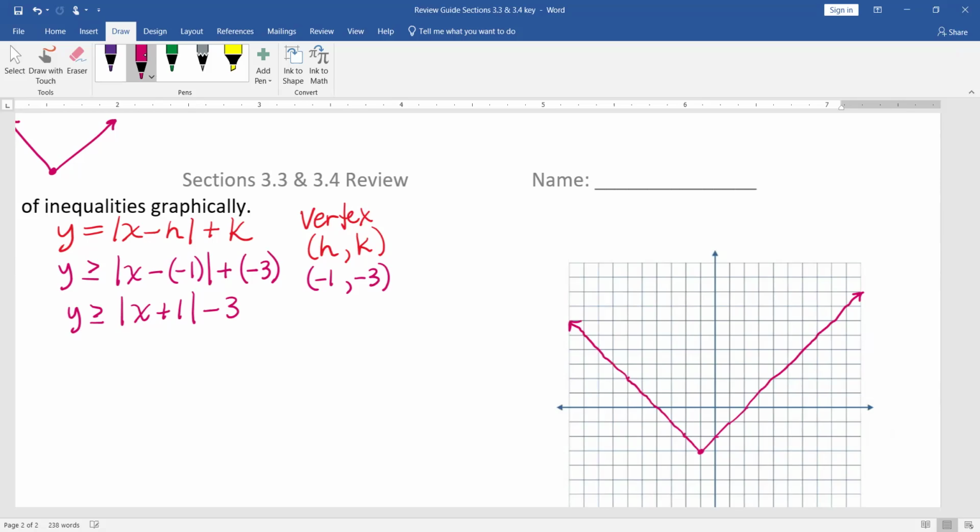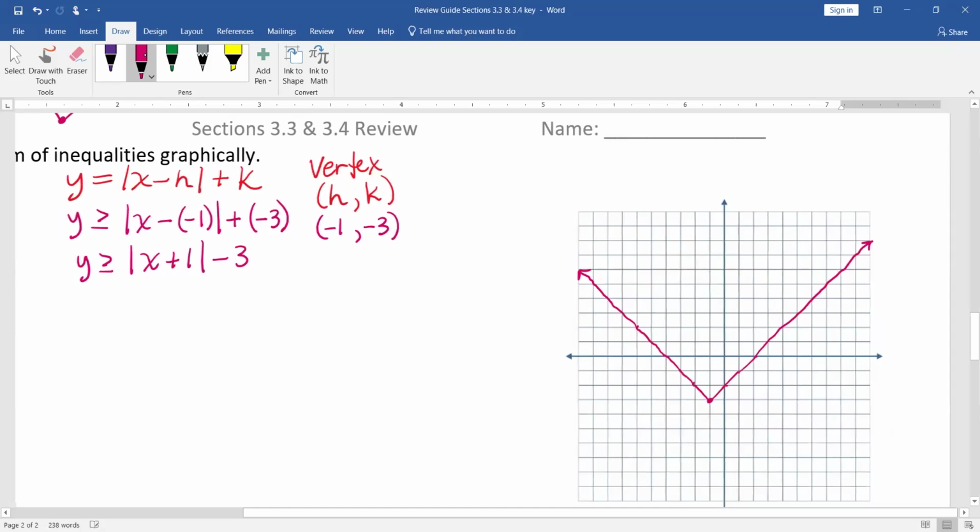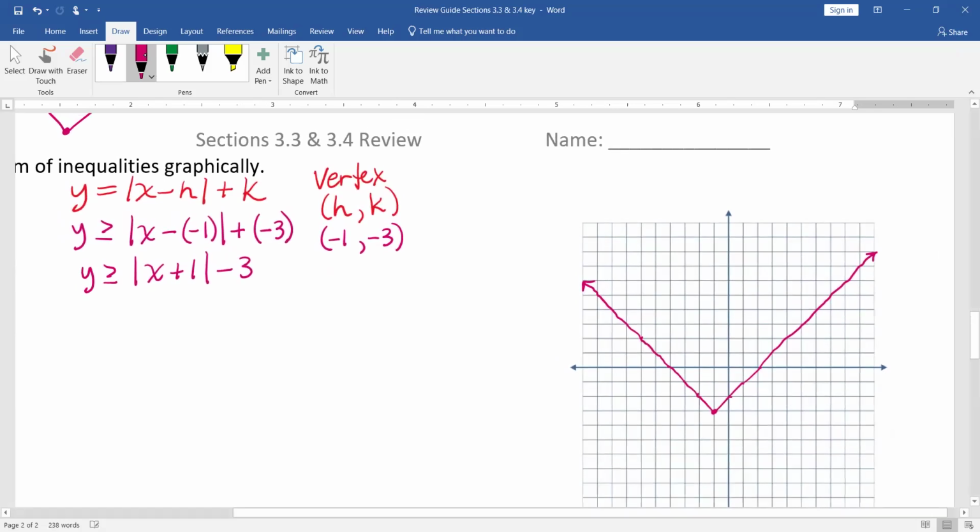Now I have to figure out which side of the graph I just made I'm going to highlight. Which part is my solution set? I'm going to use the origin because it's obviously not on the line, it's above it.